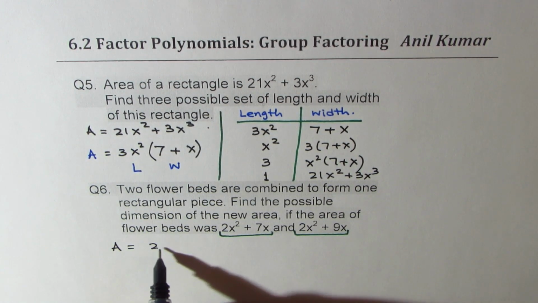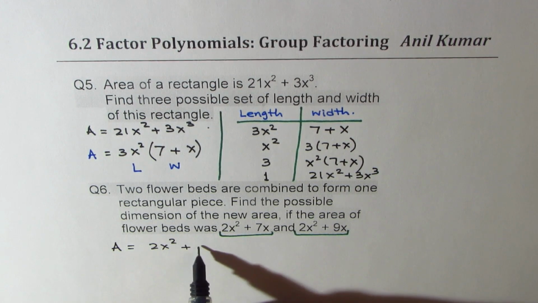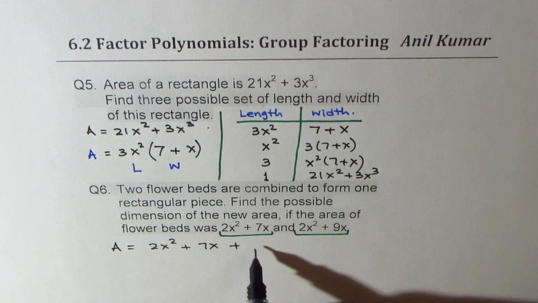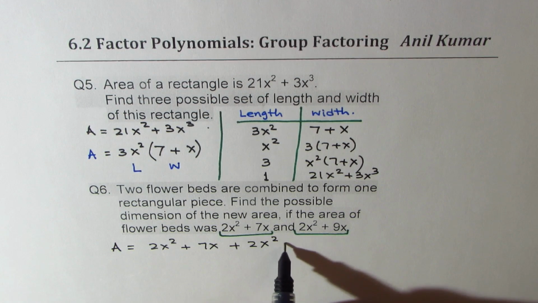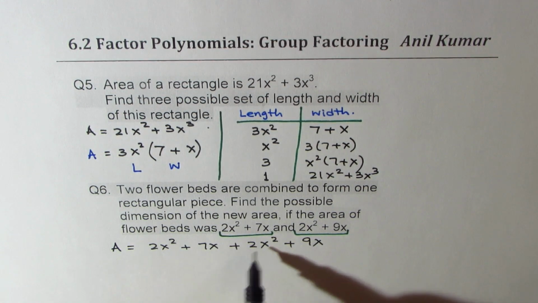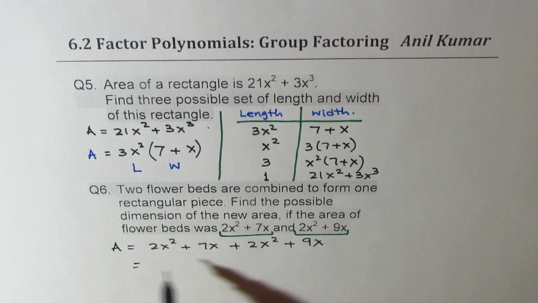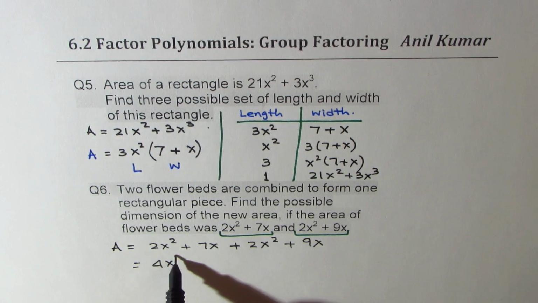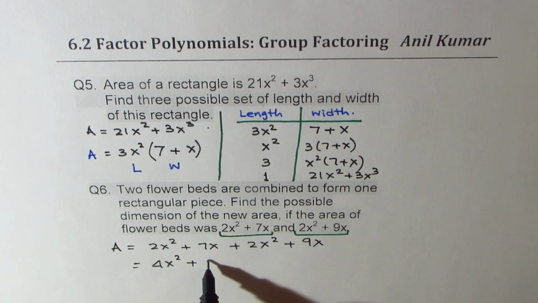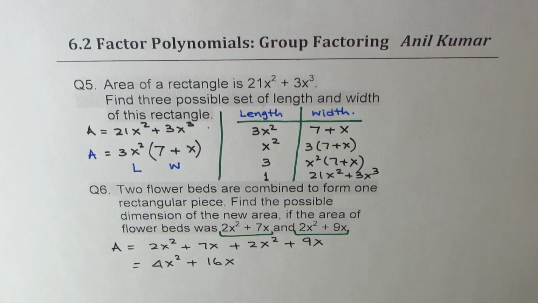So we have 2x squared plus 7x. Now adding means combining like terms. So 2x squared and 2x squared are like terms. We get 4x squared. 7 and 9 combine to give 16x. So that becomes our total area, which could be factored. 4x is a common factor.